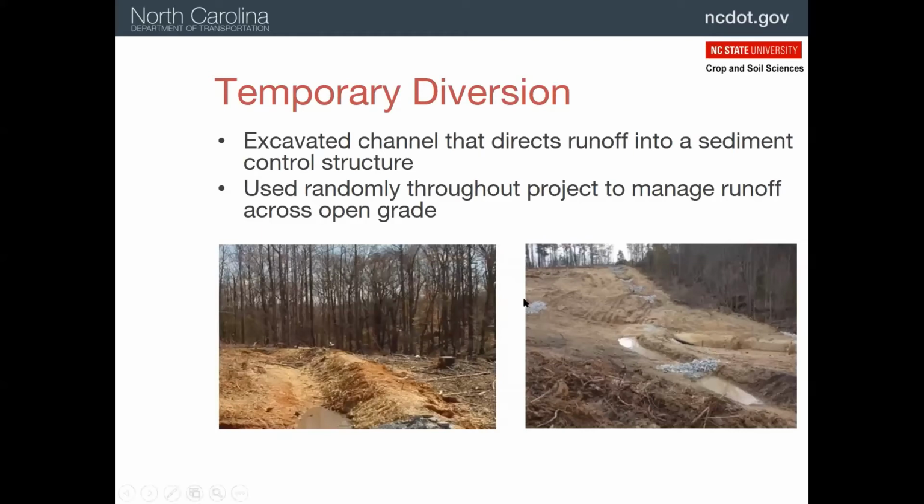All right, so now getting water where we want it on the project is very important. Generally, we're going to try to capture the water and get it usually into some kind of sediment control practice, a sediment basin or some other structure that will drop out the sediment before we discharge.